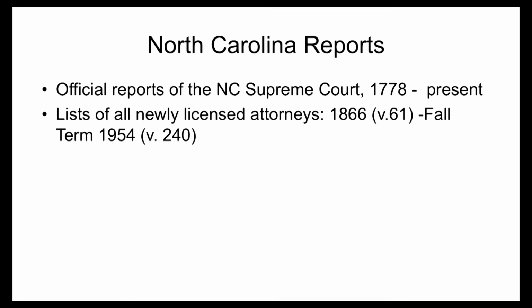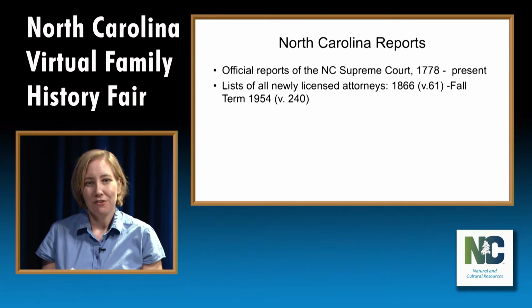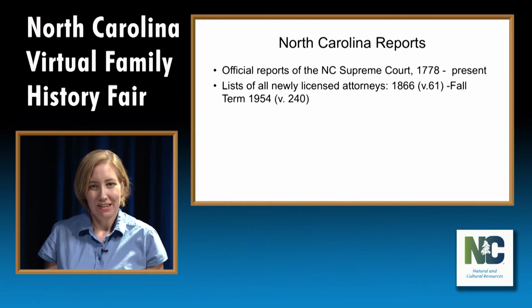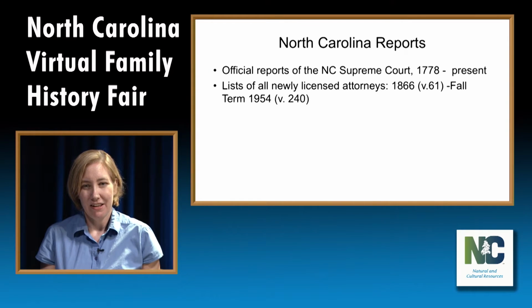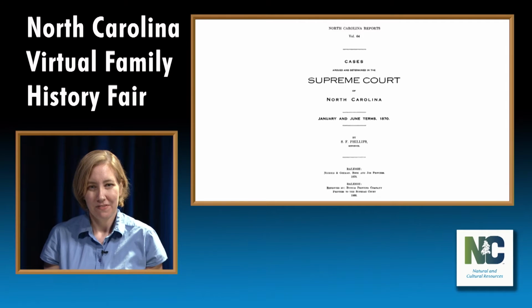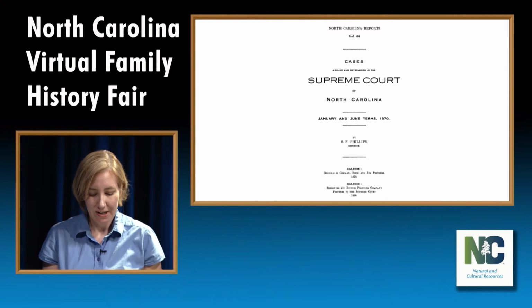So I'll also talk a little bit about the North Carolina reports. We do have those digitized and online too, the official reports of the Supreme Court from 1778 to present. It is interesting because it also lists attorneys in a lot of the volumes. So here is one from 1870, and you'll see that it lists a lot of the attorneys that had just become attorneys that year.